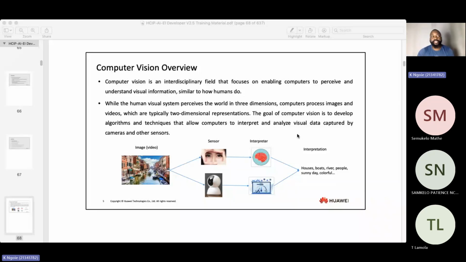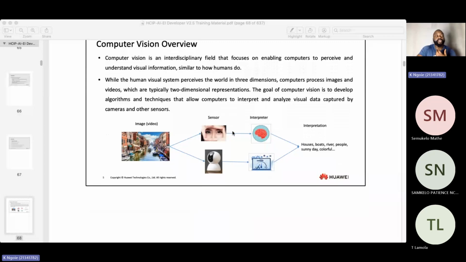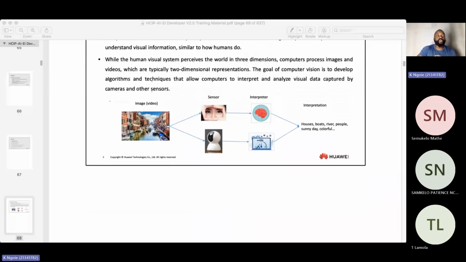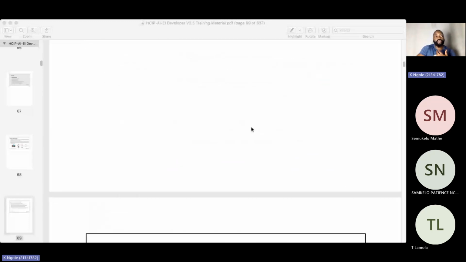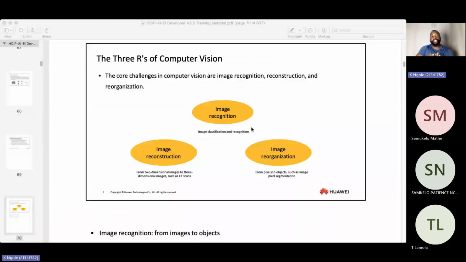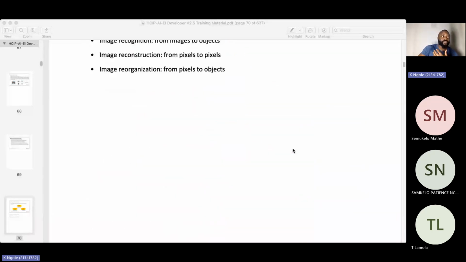The way it works is that the computer has to perceive and understand visual information similar to the way that humans do it. So when we observe something, we look at different details about a picture or a certain image. So we have image recognition, image reconstruction, image reorganization.